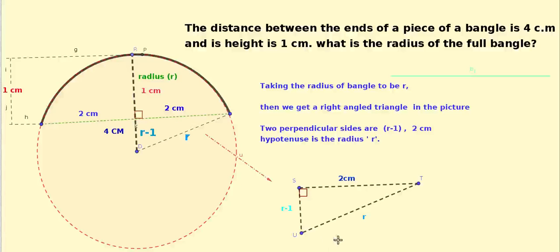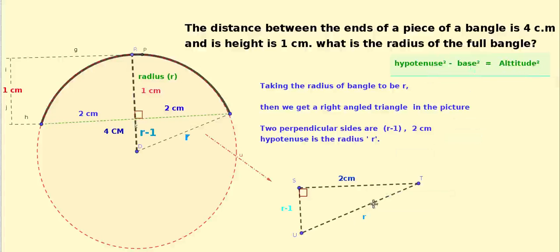Now let us find the relation. We know the Pythagorean principle: hypotenuse square minus base square is equal to altitude square.